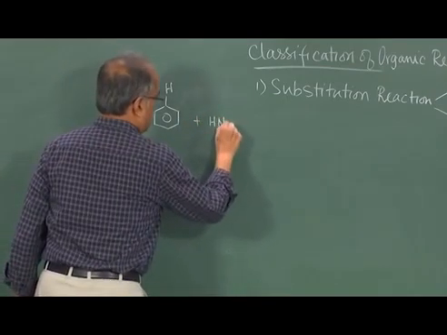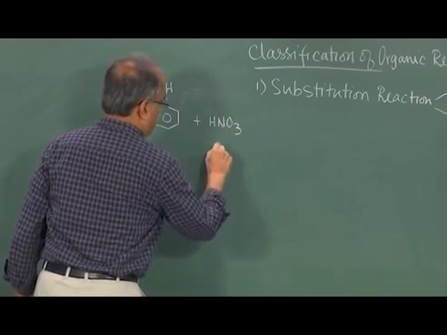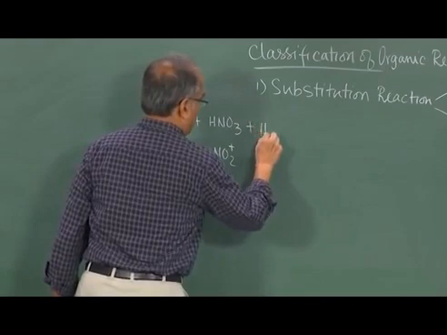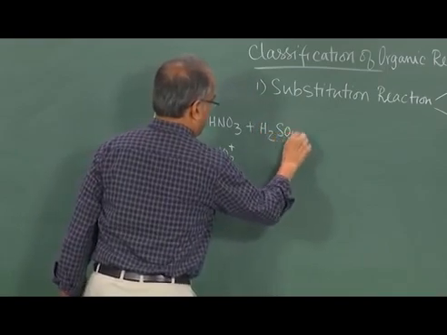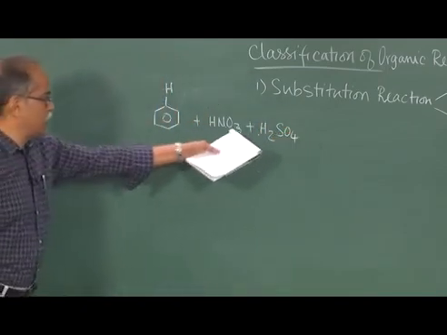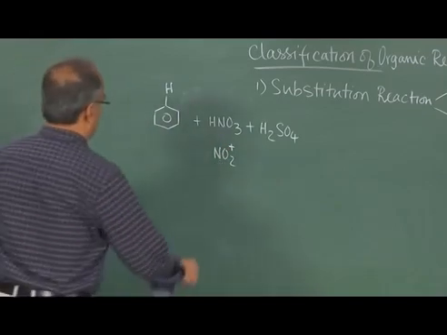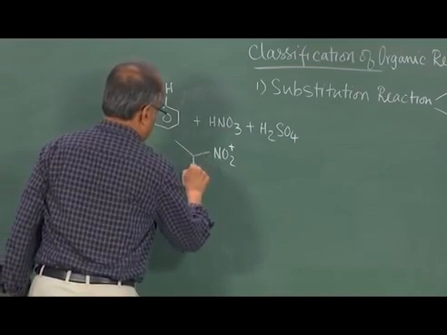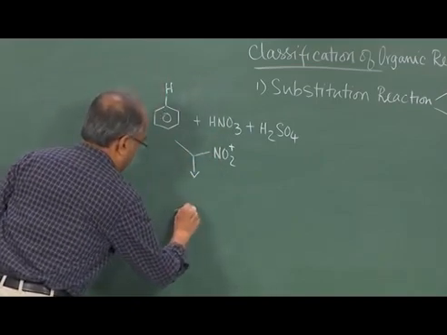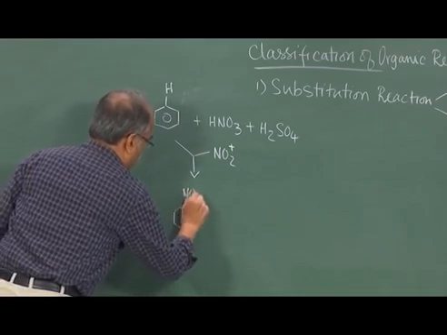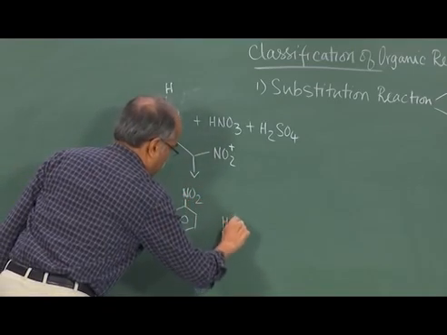The reagent is essentially NO2 plus, produced by reaction of sulfuric acid with nitric acid. The combination of these two will essentially produce the NO2 plus. So, the two species that are reacting here are the NO2 plus and benzene, and the hydrogen is released as a proton.